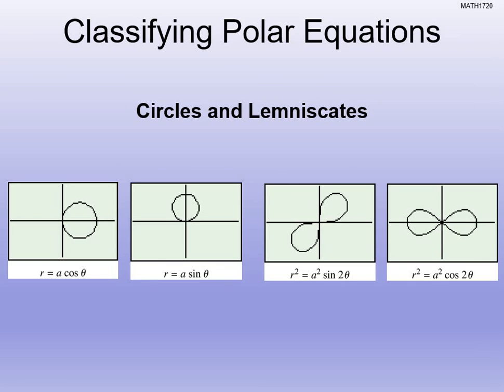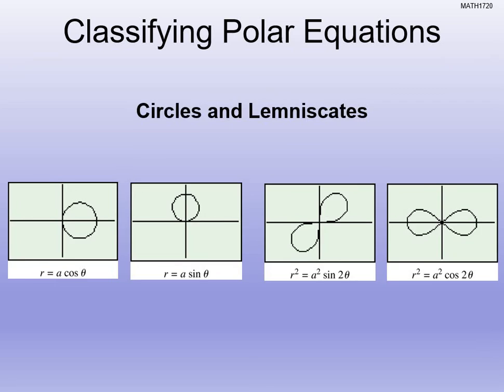Notice once again the one in terms of cosine resides on the horizontal axis. The one with sine is in the vertical quadrants, but that's on the diagonal. I get that it's not 100% on the y-axis, but we can see how that relates. So those are the basic forms for a couple circles and a couple lemniscates that we're working with.